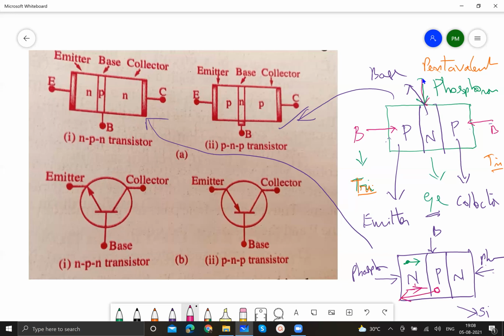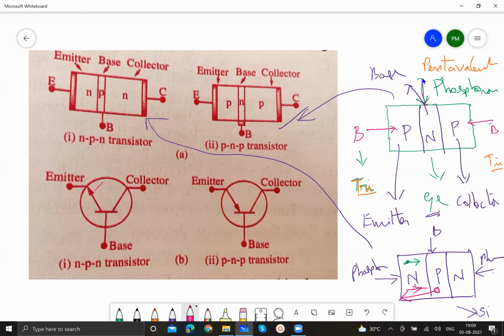Therefore, the arrow mark, if it is directed away from the base, then that is the symbol of the NPN transistor. The arrow mark indicates the movement of the holes. So when it is biased, means when some suitable voltages are applied across the two junctions, then the holes will be moving away from the junction, which is shown by this arrowhead directed away from the base.